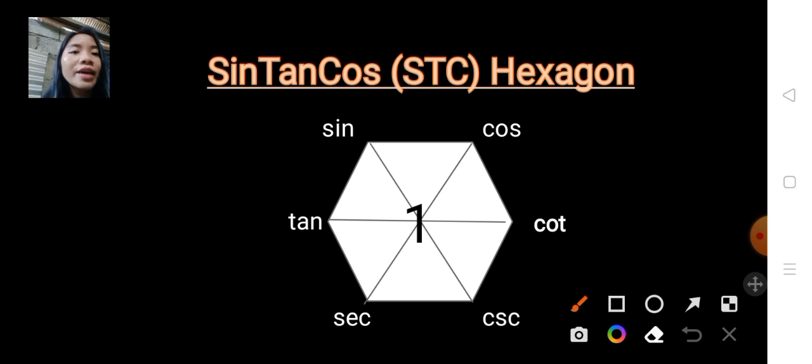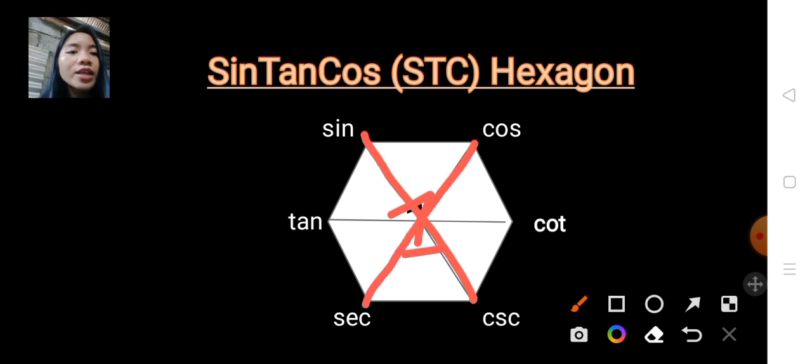If we multiply cos to secant, it equals 1. And also tan times cotangent is equal to 1.